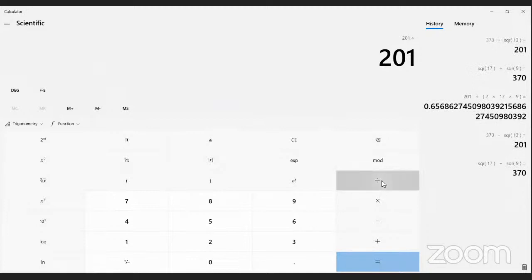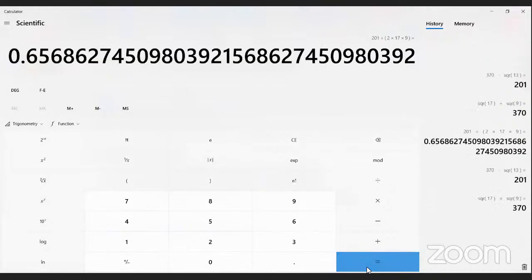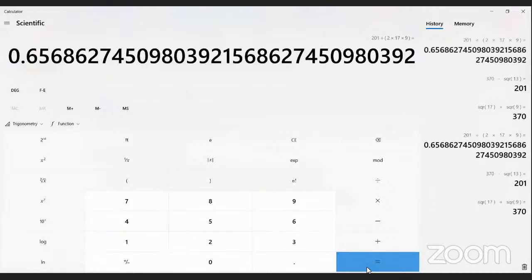Divide by bracket 2 times 17 times 9, close bracket, equals 0.568.